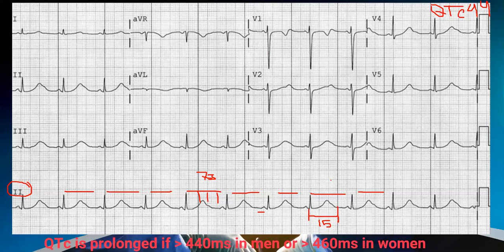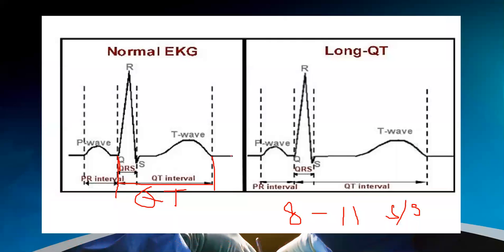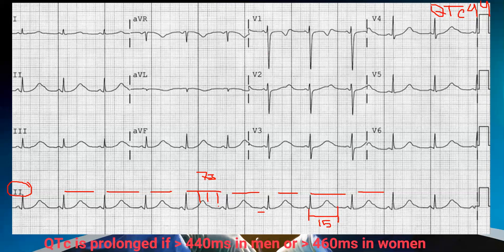So for the prolonged QT, you measure it. See this one, your QT interval is from the starting of the Q wave to the end of the T wave. This is your QT interval. Normal QT interval is 8 to 11 small squares.